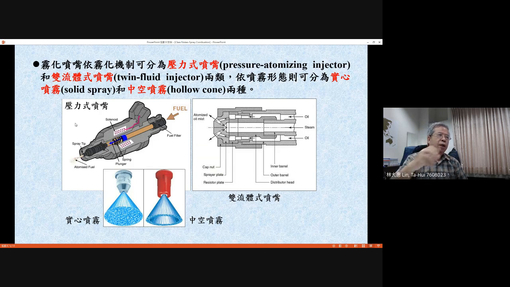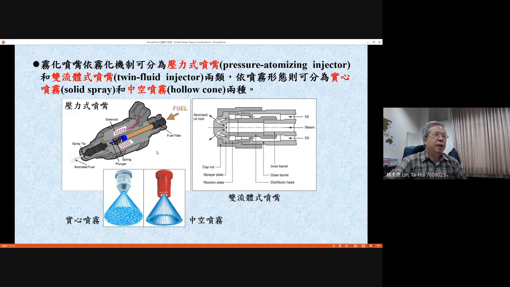You need a high pressure, especially when you use the diesel spray for a diesel engine, because inside the diesel engine, the combustion chamber always pushes the air to very high pressure. Then you need a higher liquid pressure to push the diesel into the combustion chamber. You can see this is the basic mechanism.